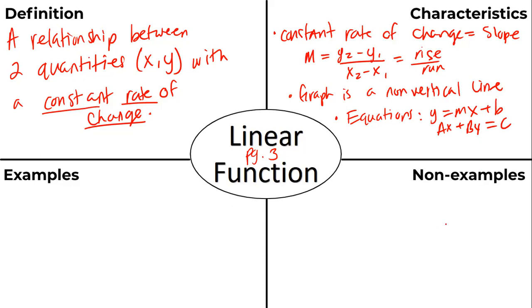And the least used is our point slope, which is y minus y1 equals m times x minus x1. So those are the 3 ways that I can represent the equation of a line.